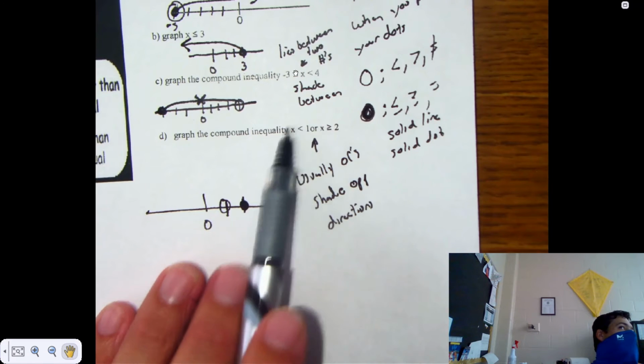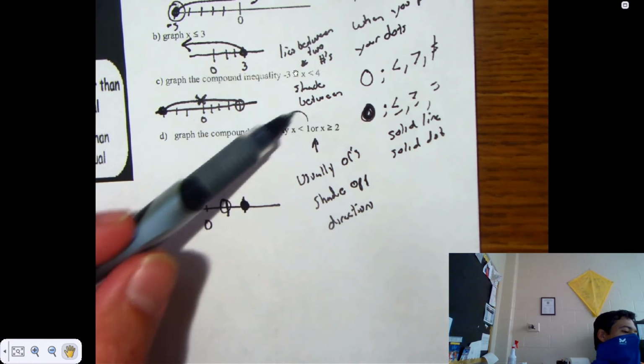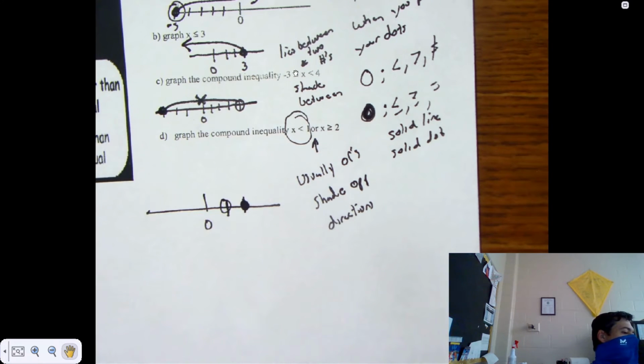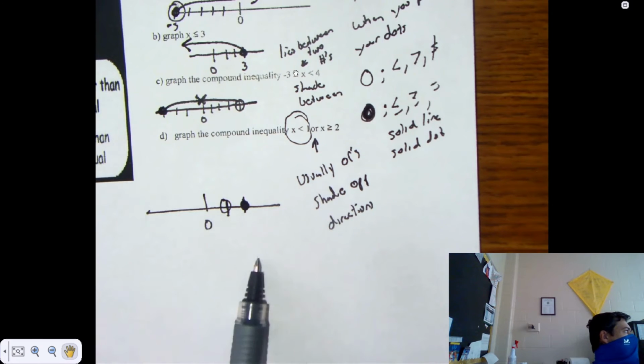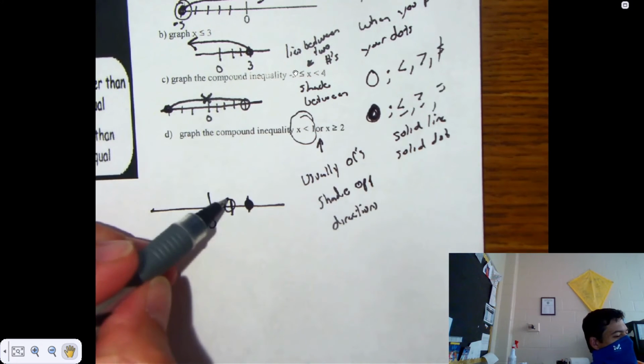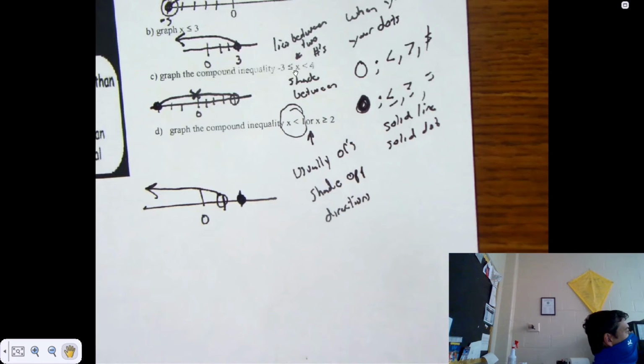Well, read this to me. What does this first part say? 0 less than 1? Is -1 less than 1? Does everything to the left work? You're going to shade left. Austin, how about at the 2? So you go right. Go to the right.